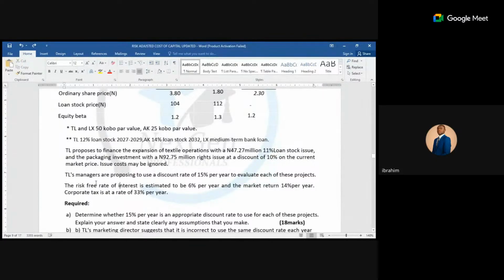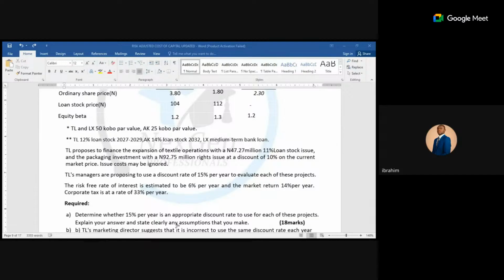Now, TL's managers are proposing to use the discount rate of 15% per year. This is how they arrive at their 15% requirement, right? TL managers are proposing to use a discount rate of 15% to evaluate each of these projects. Of course, if you want to evaluate this project, you cannot assume the 15%. First, the 15% may be appropriate for the expansion that you want to do.